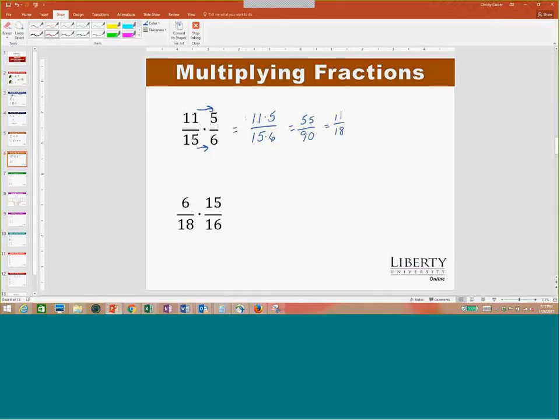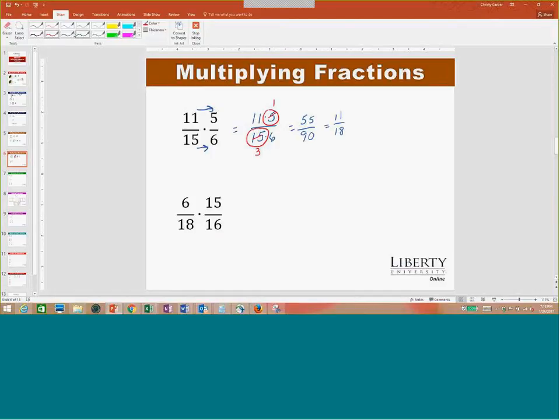Now let's look way back here, when we express this as multiplying the numerators and denominators. I wouldn't have to multiply these together and get larger numbers than what I wanted, because I can see that there's already a common factor in the numerator and in the denominator, and that common factor is 5. So I could divide out a 5, because 5 divided by 5 is 1, and 5 into 15 leaves 3. So at this point, I could start looking for my common factors and divide them out before I multiply across the numerator and denominator.